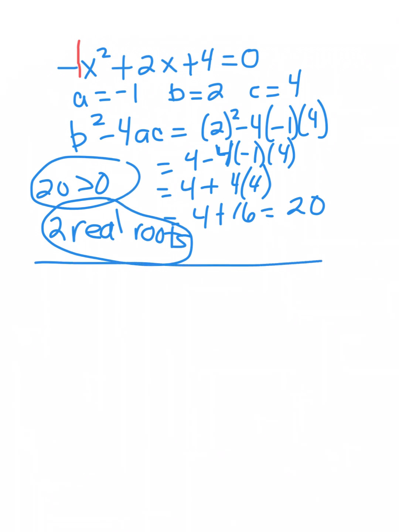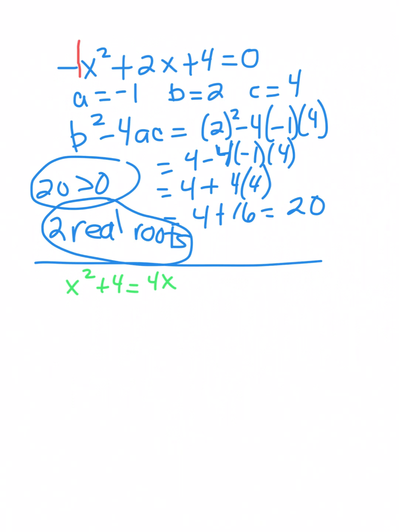The last example, let's say, maybe I'll switch colors. Getting kind of cocky here, thinking of switching colors, but we'll see how it works out. So this equation, let's say we have x squared plus 4 equals 4x. For this example, you can tell that step 1 is not done. We don't have all the terms on one side. And when that is the case, I bring all the terms over to the side where the x squared is.